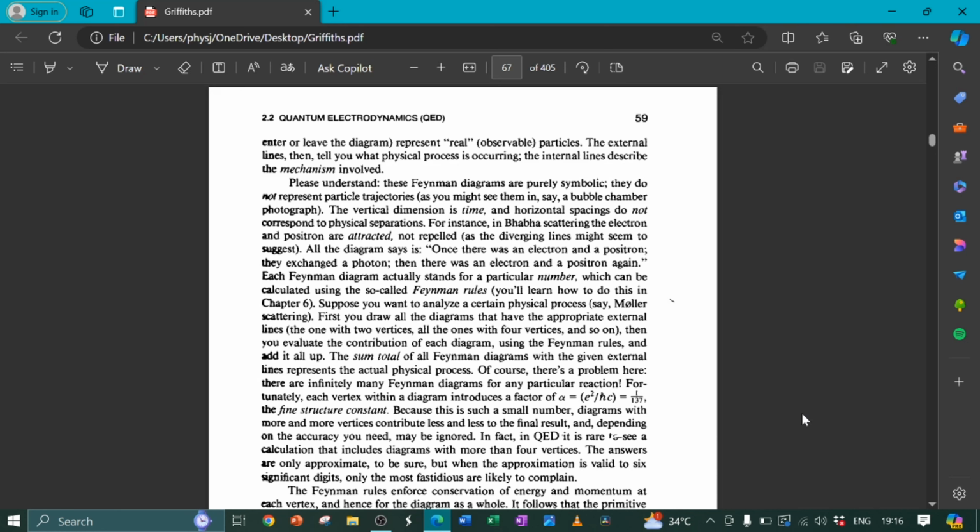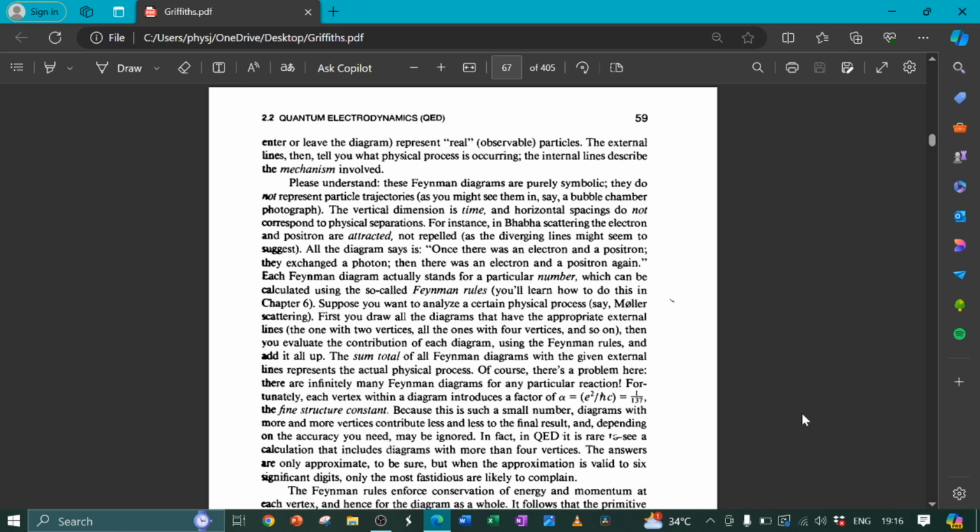Please understand, these Feynman diagrams are purely symbolic. They do not represent particle trajectories, as you might see them in, say, a bubble chamber photograph. The vertical dimension is time and horizontal spacings do not correspond to physical separations.